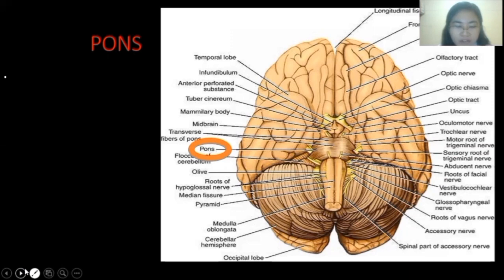Several nuclei of the medulla oblongata described earlier extend into the lower part of the pons, so functions such as breathing, swallowing, and balance are controlled in the lower pons as well as in the medulla oblongata. Other nuclei in the pons control functions such as chewing and salivation.